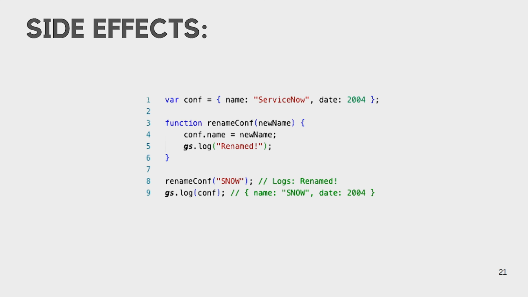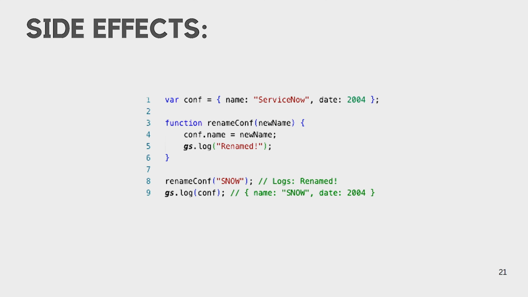Then it's got another side effect, logging something to the console. We had talked about that example earlier, and again, we see a huge red flag. It's not even returning anything. The only thing this function does is cause side effects.